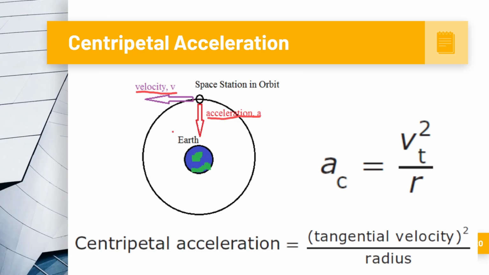Tangential velocity just means when an object is in a circle, there is going to be a speed that it is traveling at that is perpendicular to the radius of its orbit. So here's the radius, here is the VT.